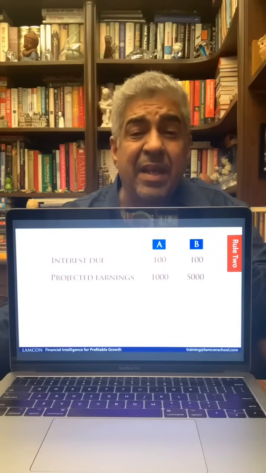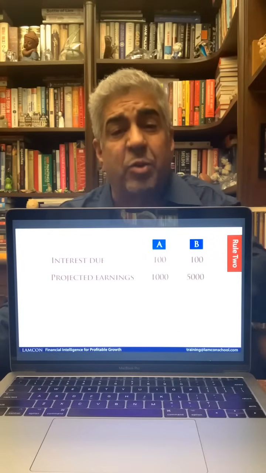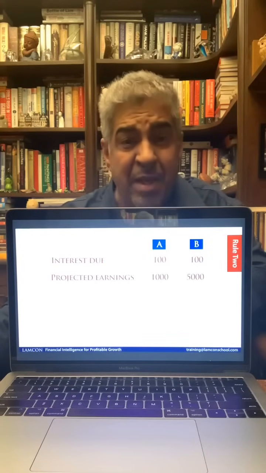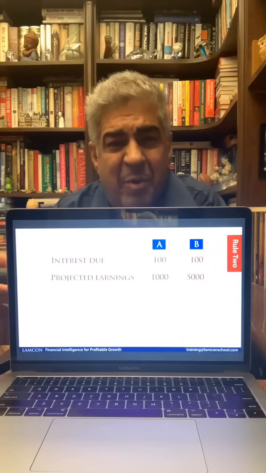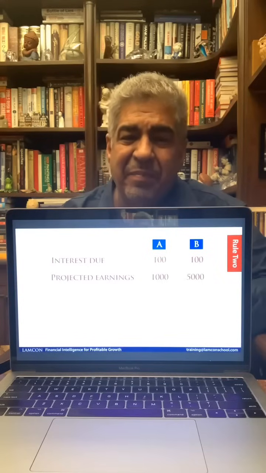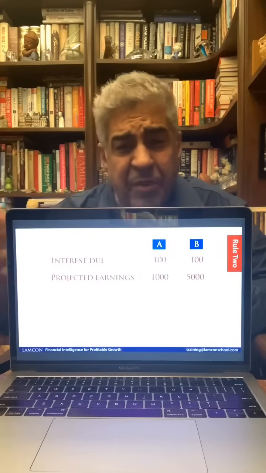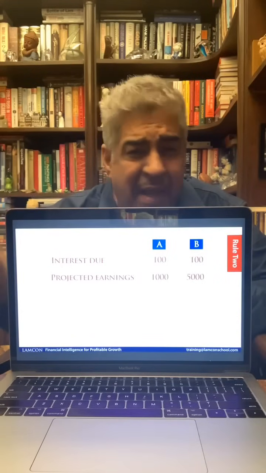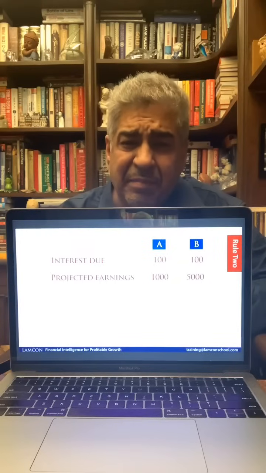Had I said A's earnings are, let's say, 125 and B's earnings are 200, I understand if you choose B, because if A's projection goes slightly haywire, he won't even be able to afford to pay you interest. But in case of A, he earns 10 times more. Even if his projections are off by maybe 80%, he will still be able to pay you interest.